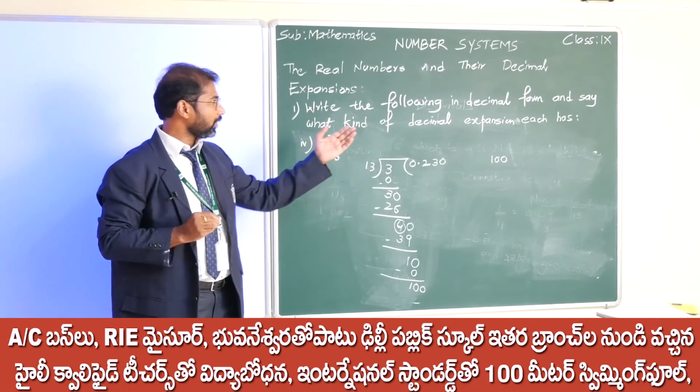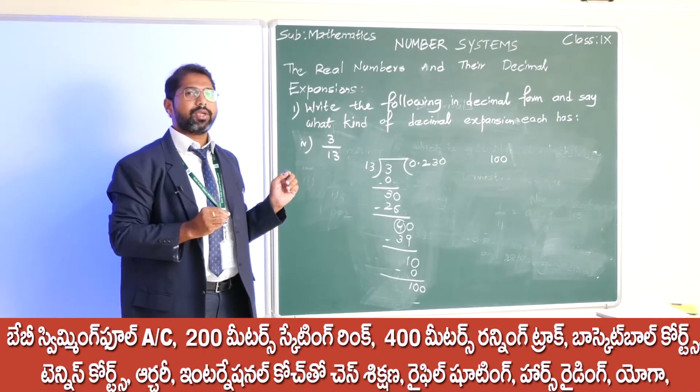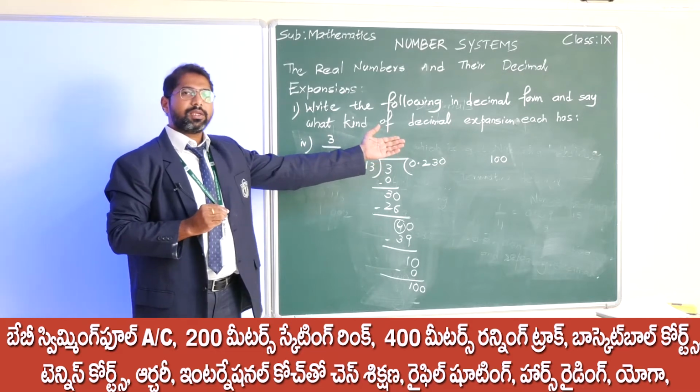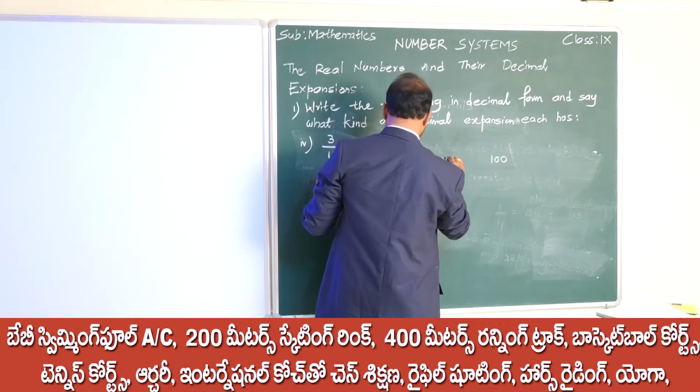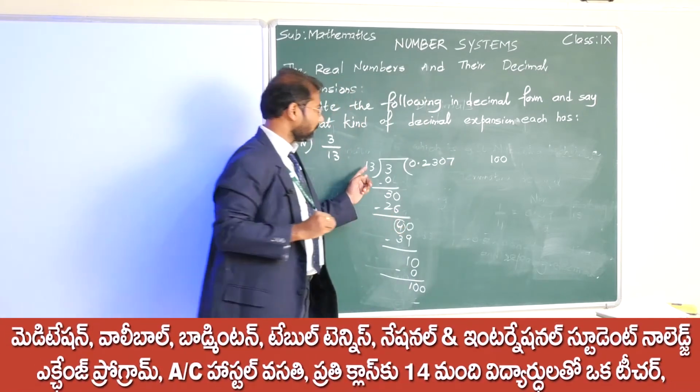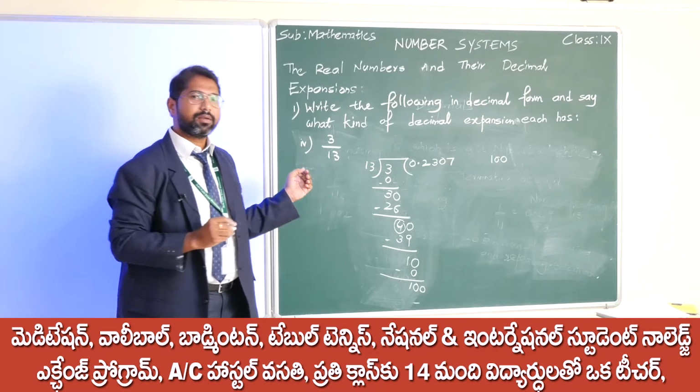Now 100 will not go exactly in 13 table, so I will take a smaller number than this. Let us see 13 sevens are 91.